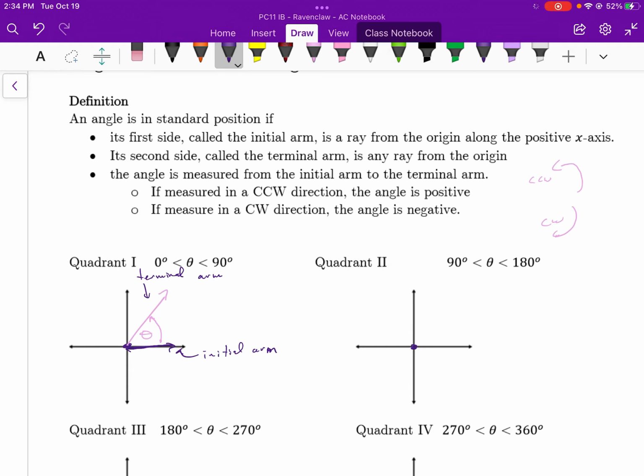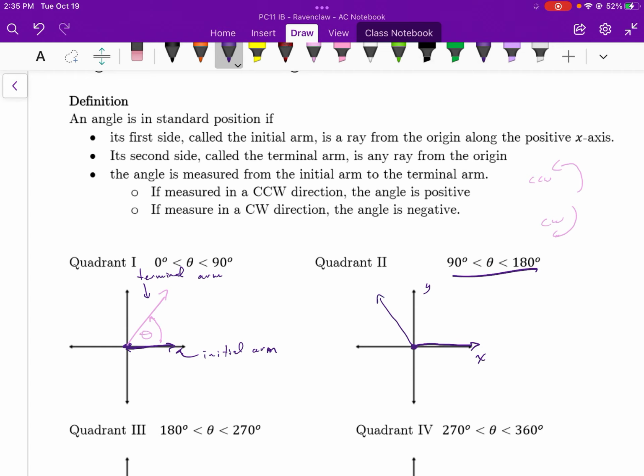So let's take a look at angles in quadrant number 2, where theta is between 0 and 180. Again, I'm going to start off with my initial arm being a ray along the positive x-axis. My terminal arm will be a ray starting from the origin but going anywhere.